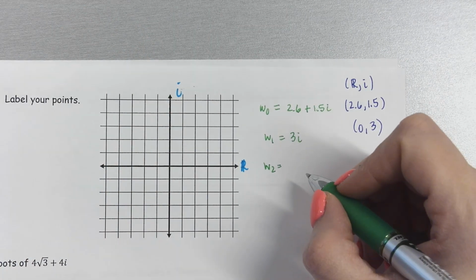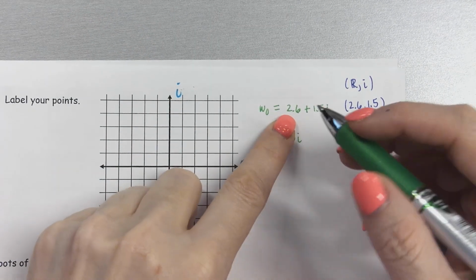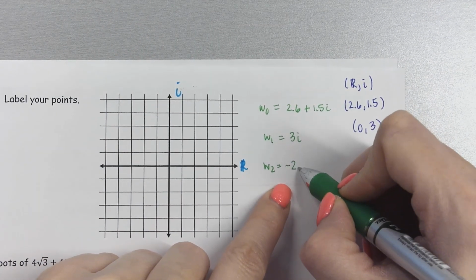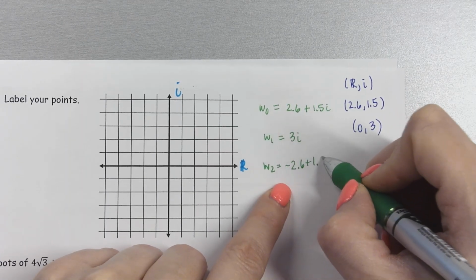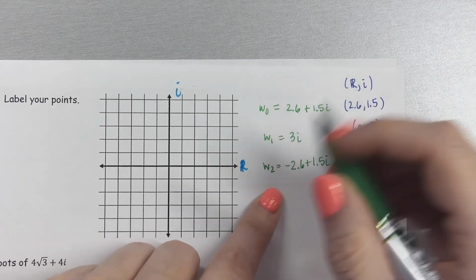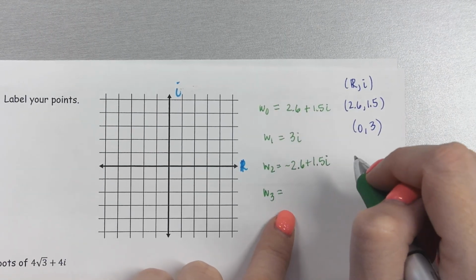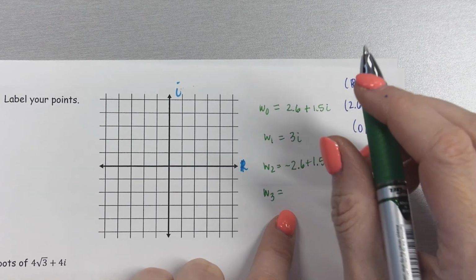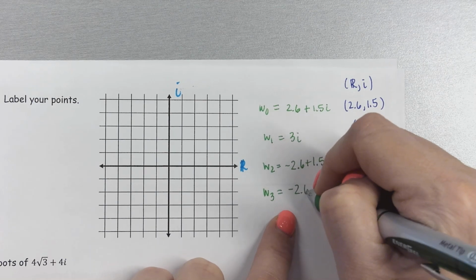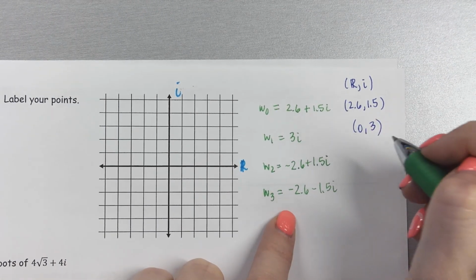Now, if you look at W sub 2, you have the same thing that we had here, it's just a negative. So this is negative 2.6 plus 1.5i. For W sub 3, you have negative 2.6 and minus 1.5i.